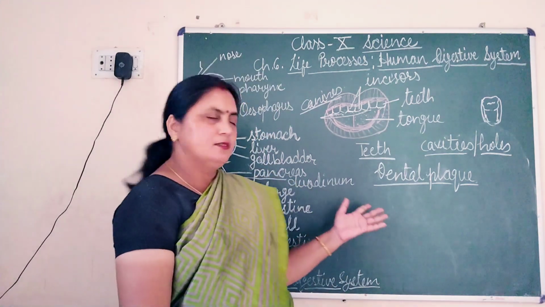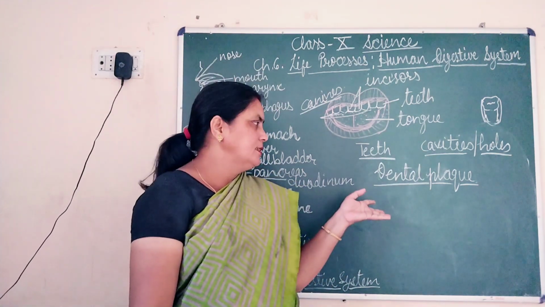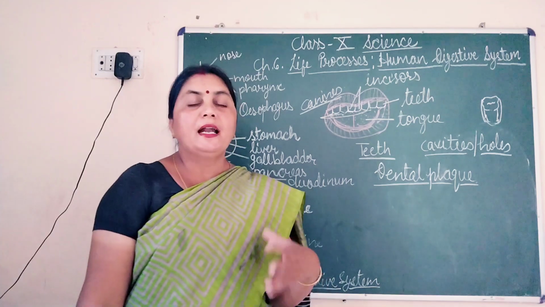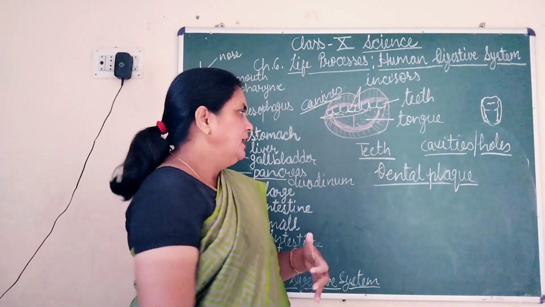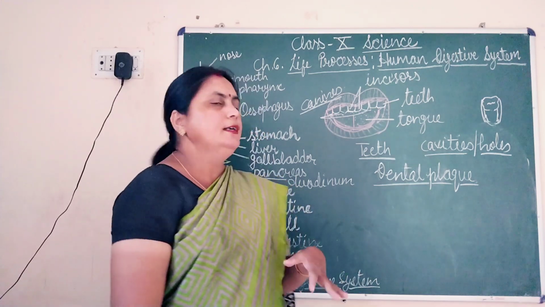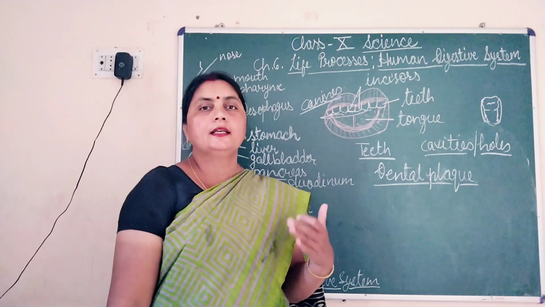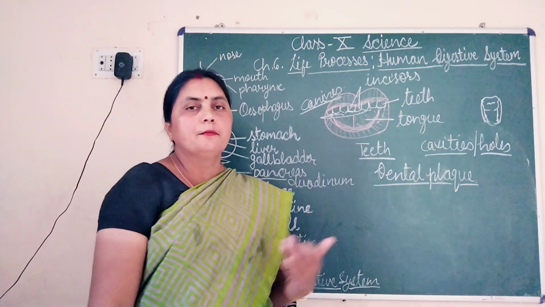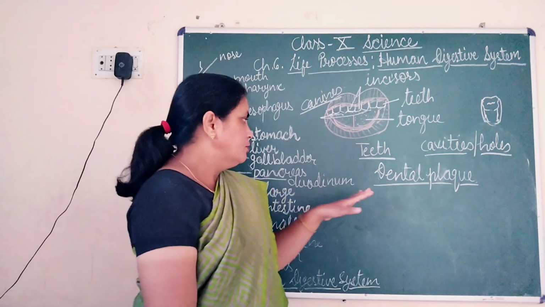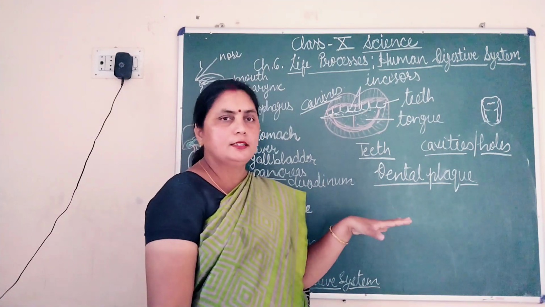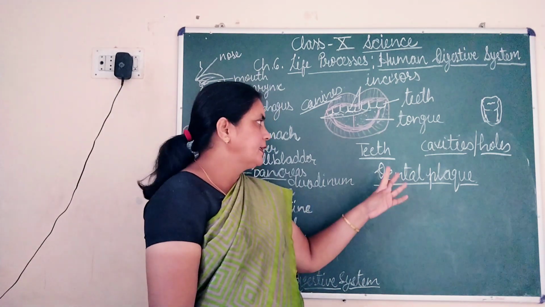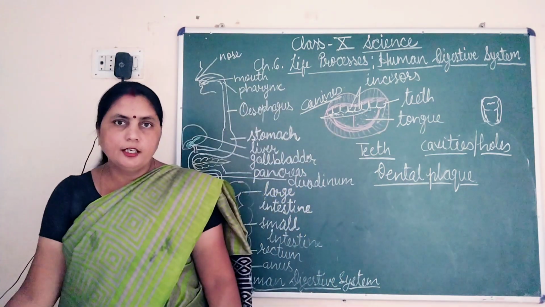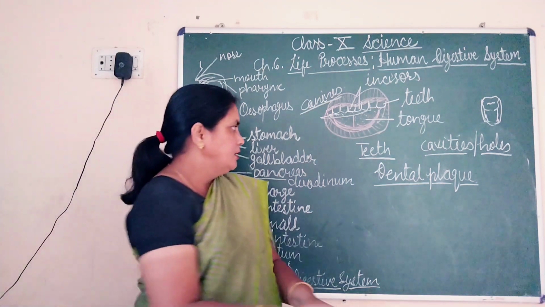It causes bad smell in our mouth. It also doesn't look good, and later on it may create many other problems. We may have bleeding of gums also. So to avoid all these things, dental plaque and cavities or dental caries, we should clean our teeth regularly twice a day.